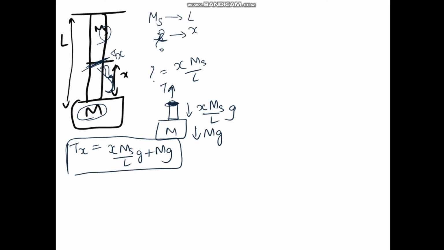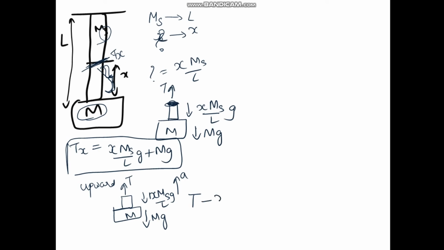Suppose the system is moving upwards. At the rope, tension is upwards and the gravitational force of the rope, x ms by l into g, is downward. On the block of mass m, the gravitational force is downward, but the system is moving upward with acceleration a. So tension, the upward force, minus the sum of the downward forces, that is the gravitational forces of the rope and the block, is equal to ma.